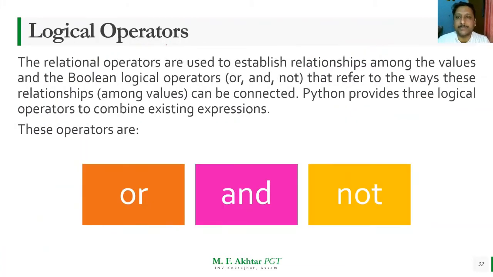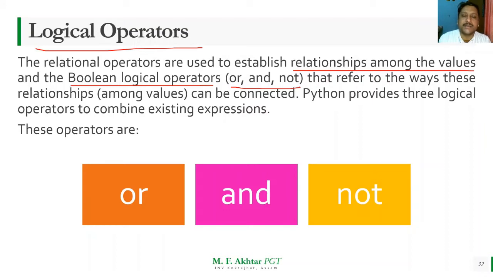Next, logical operators. The relational operators are used to establish a relationship among the values, and the Boolean logic operators are or, and, not. We can understand what a relational operator is. It gives us the relationship between two different values, and the relational operators are greater than, less than, equals to, not equals to, greater than equals to, less than equals to.